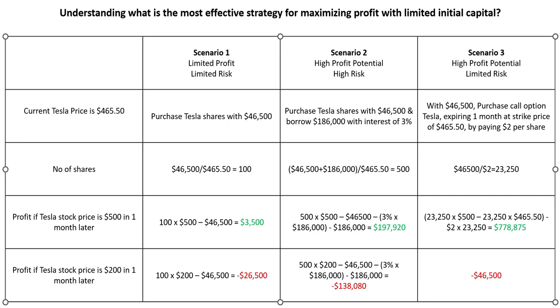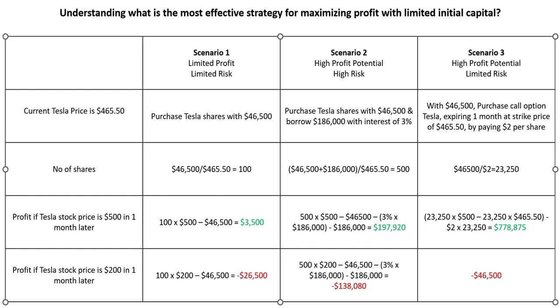Today I'm going to give a lesson on understanding what is the most effective strategy for maximizing profit with limited initial capital. As you can see here, there are three strategies, just naming it scenario 1, scenario 2, and scenario 3. Scenario 1 is actually using your cash to buy shares for the long run.